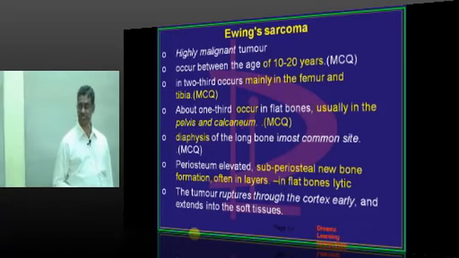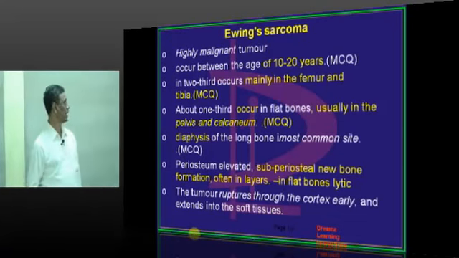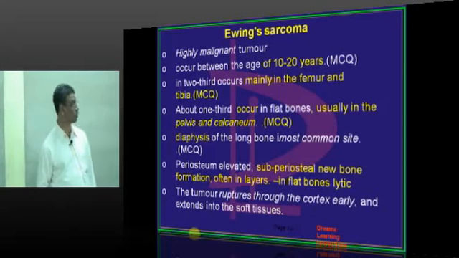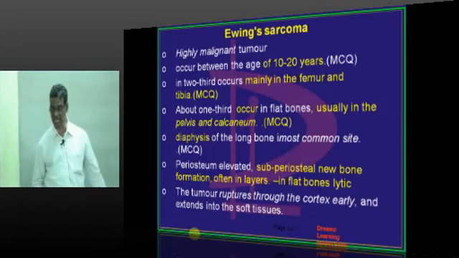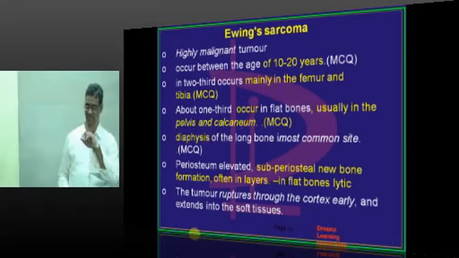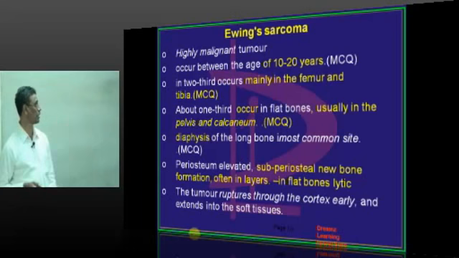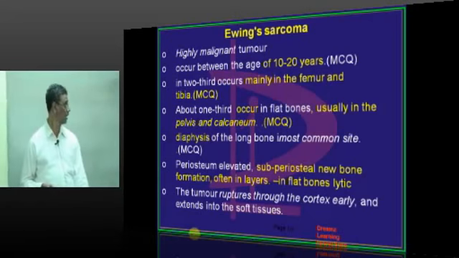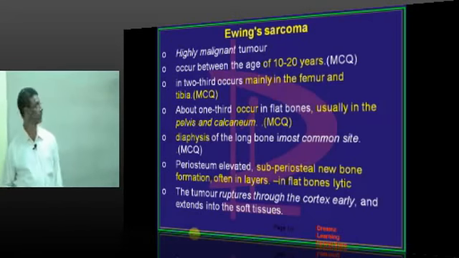Diaphysis of the long bone is the most common. Periosteum is elevated, with subperiosteal new bone formation, often in layers, that is the onion peel appearance, but in flat bones it will be later. The tumor ruptures through the cortex early and enters the soft tissues.